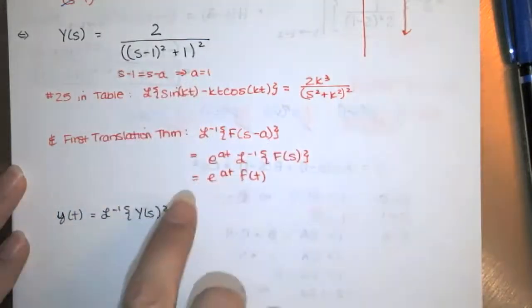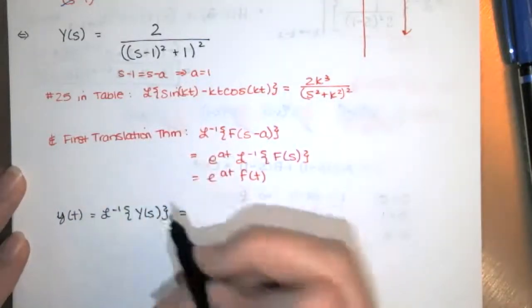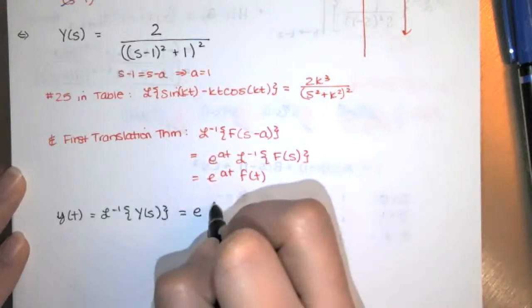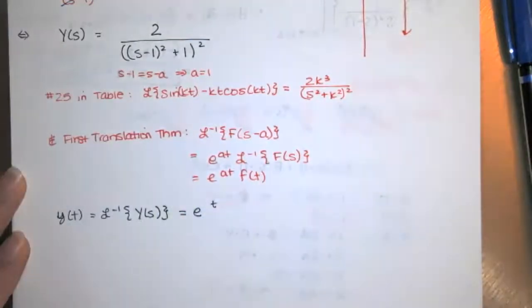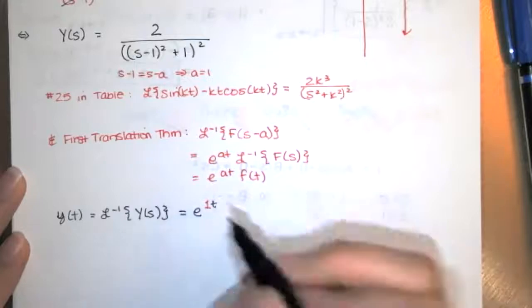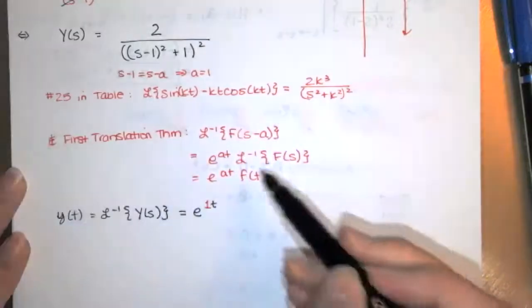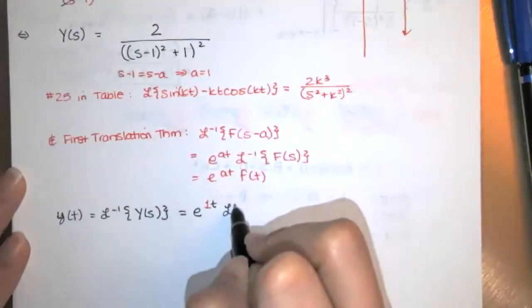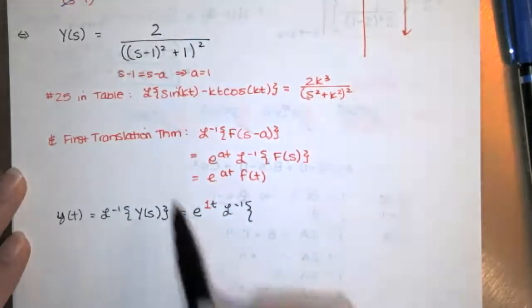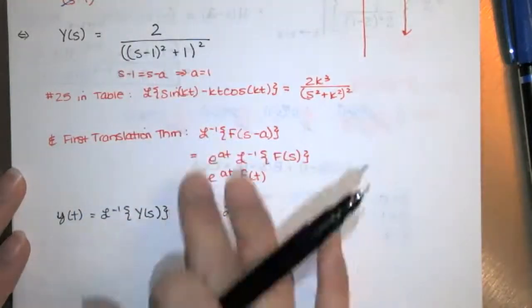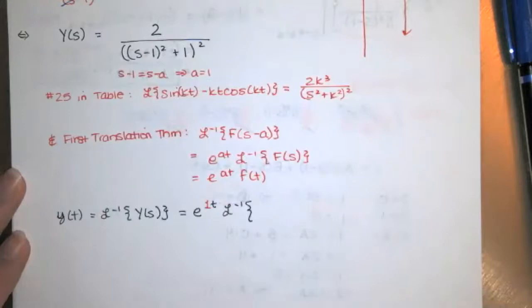Since a is equal to 1, this is going to be e to the 1t times the inverse transform of F(s). Now F(s) looks just like this, but instead of an (s minus 1) squared, it has an s squared in it.